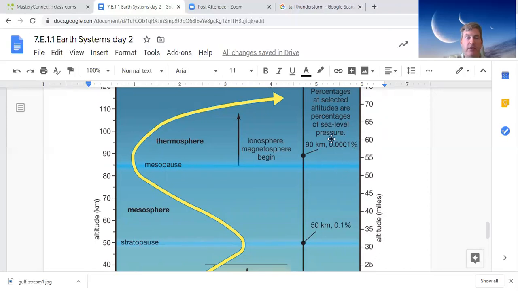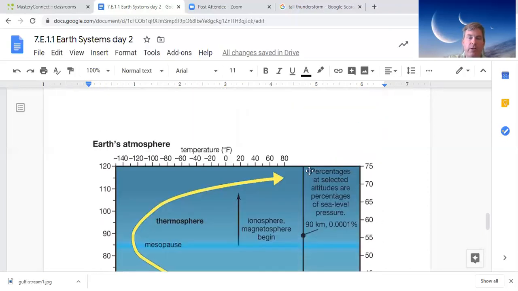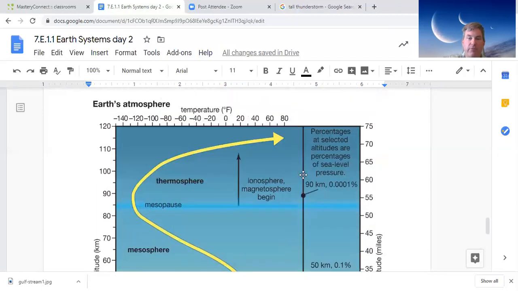So effectively, your instrumentation has to be amazingly correct to be able to read 0.0001% air pressure. When you get up into the thermosphere, the air molecules can literally travel for kilometers before they run into each other. That's how few of them there are up there.